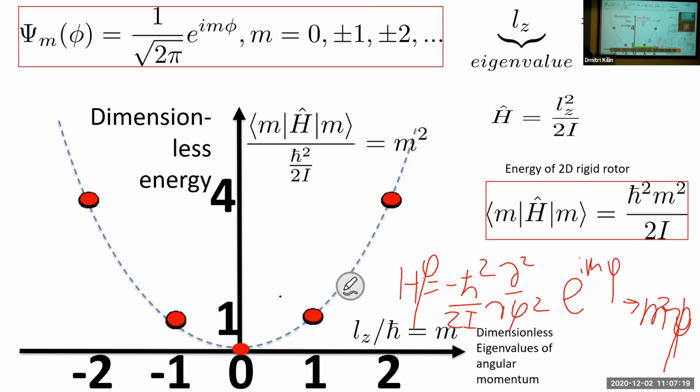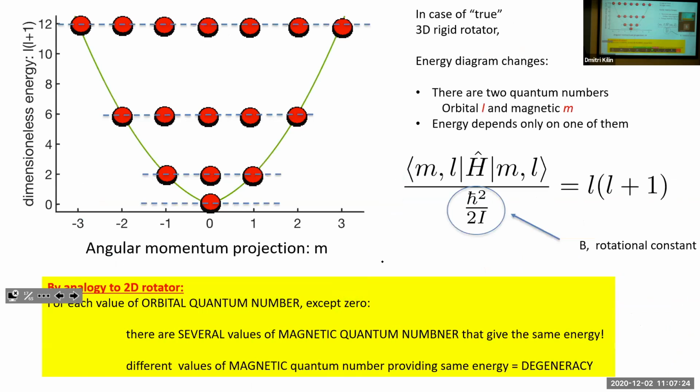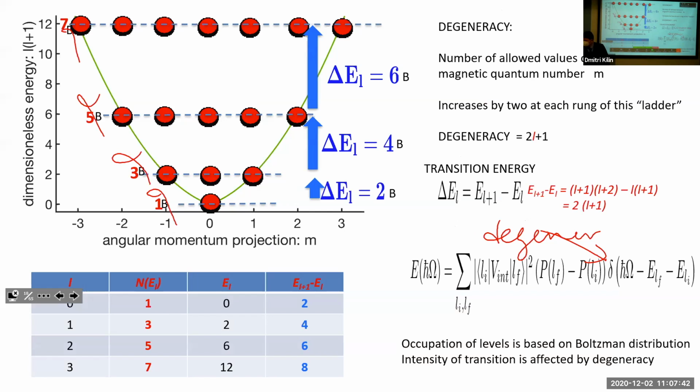And if one wants to do a similar thing for the three-dimensional rotator, then degeneracy escalates. If one knows the eigenstates, then one can always find energy as a matrix element inside the sandwich. And the benefit of using this is that one can predict optical transitions between such states.